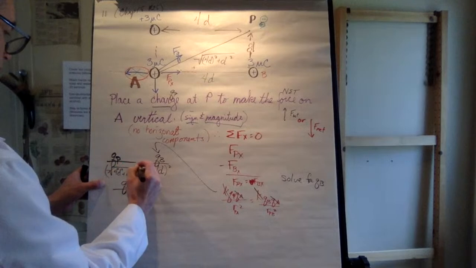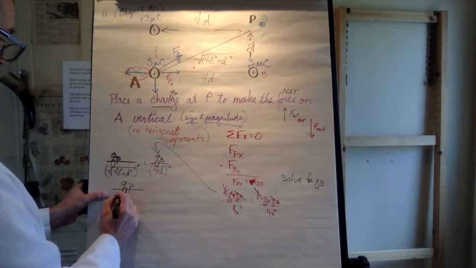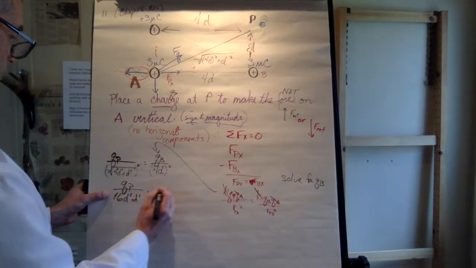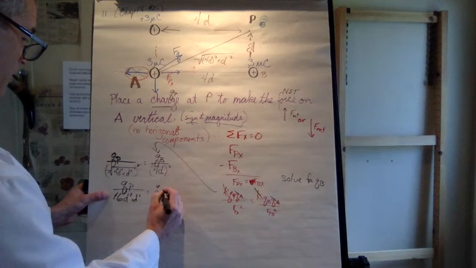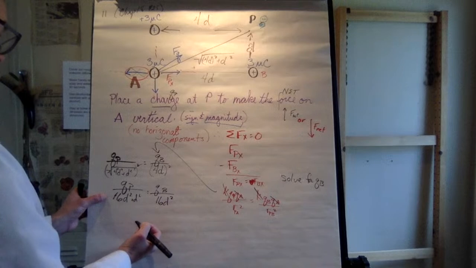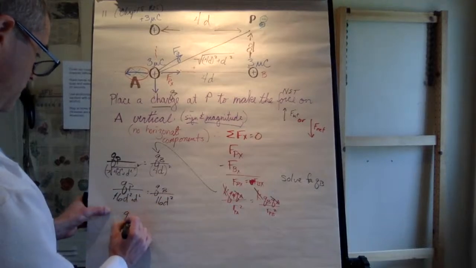QP, those two cancel out, end up with 4D squared plus D squared, 16D squared plus D squared equals QB 16D squared. Solve for QP.